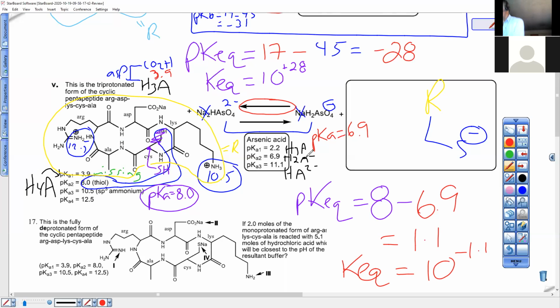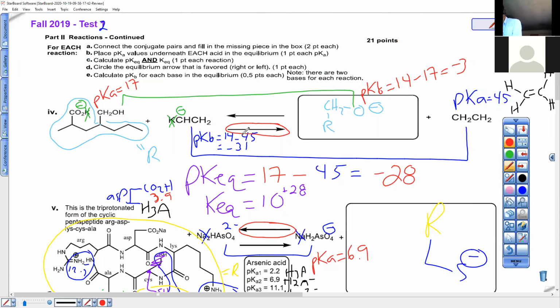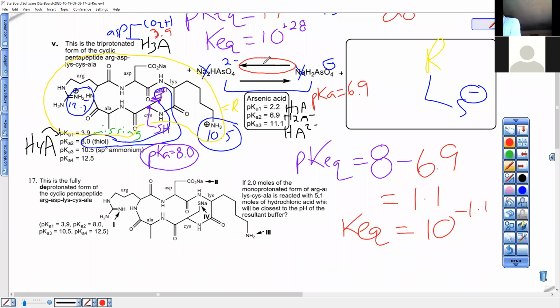The arrow is always like that. Away from the smaller 17 towards the bigger 45. Away from the smaller 6.9 towards the bigger 8.0. And just knowing that, you get a question for circling the correct arrow, which is good.